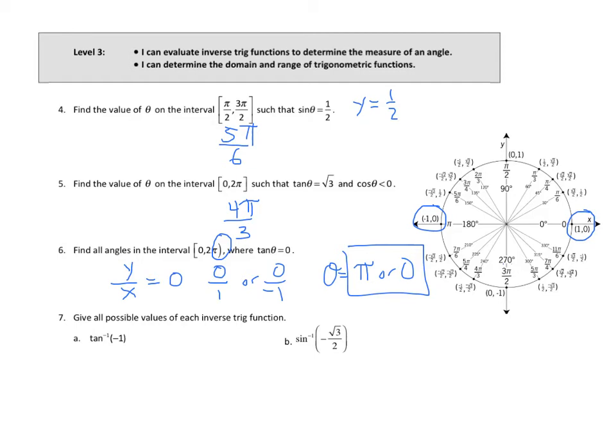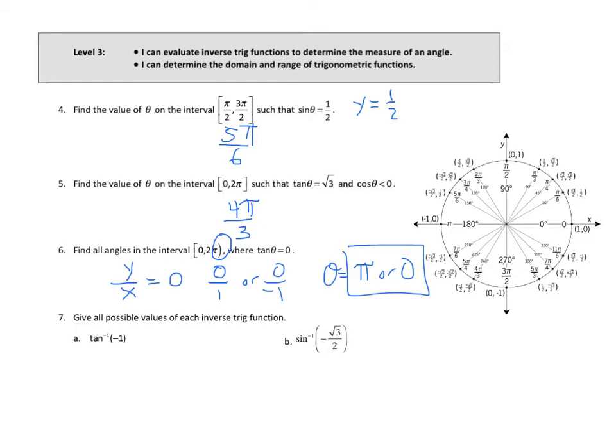And in the last example, we are asked to evaluate inverse trig functions. Evaluating an inverse trig function basically is the same thing we were just doing, where you're going backwards, you know the value of a function, and you're trying to find the angle measure.